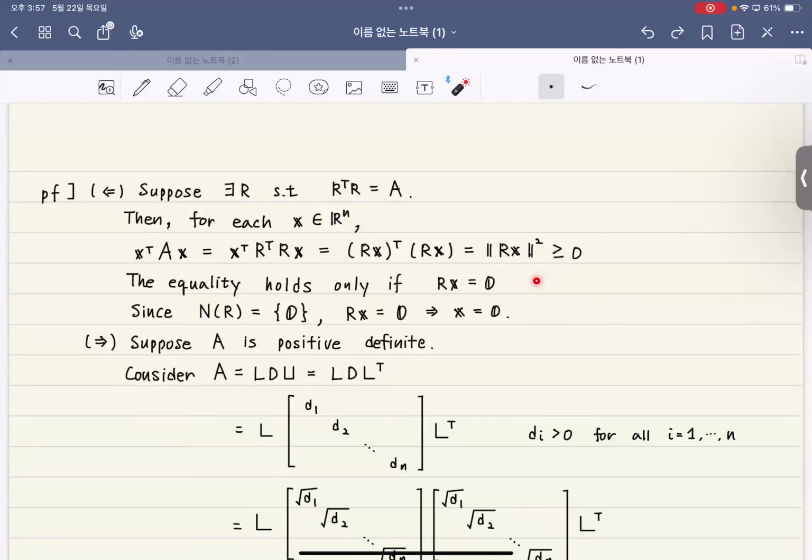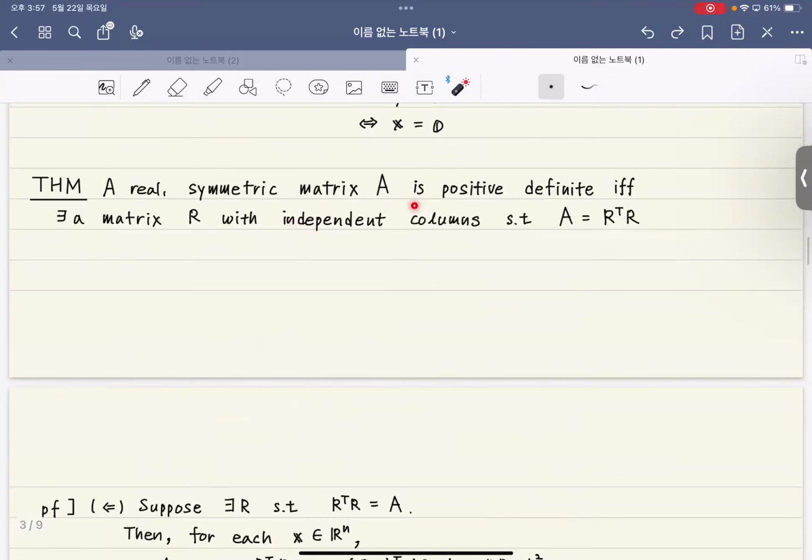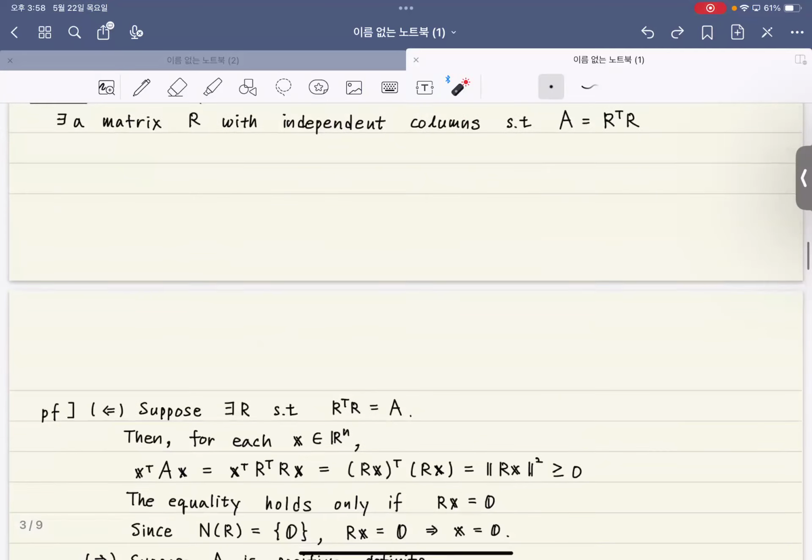So it remains to show that this equality is true only when x is the 0 vector. But this is very easy to see, because this equality is true only if Rx is the 0 vector, right? But now this condition kicks in, that R has independent columns. If your matrix R has independent columns, that means the null space of the matrix is the trivial subspace.